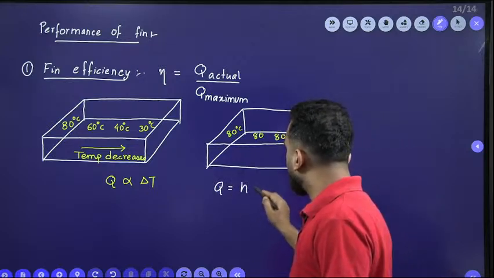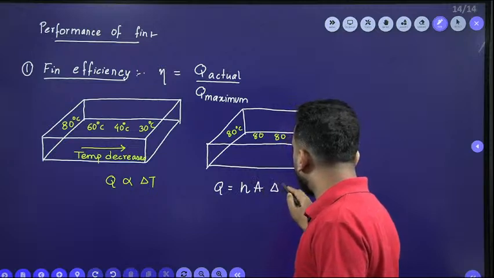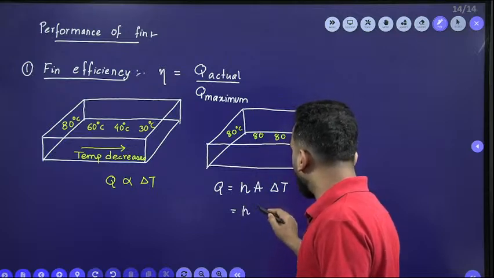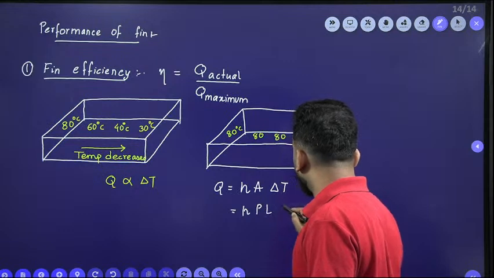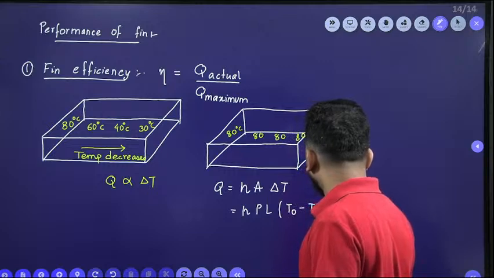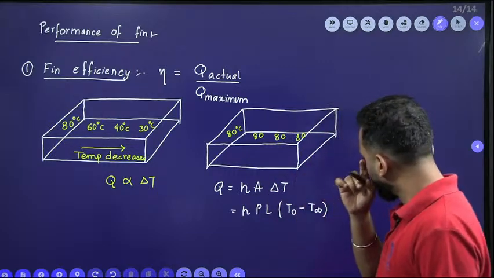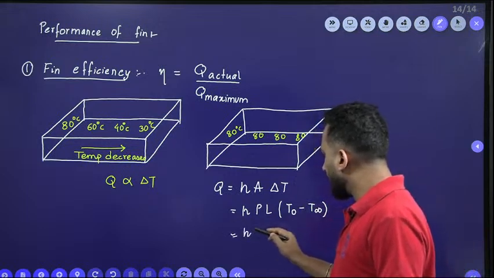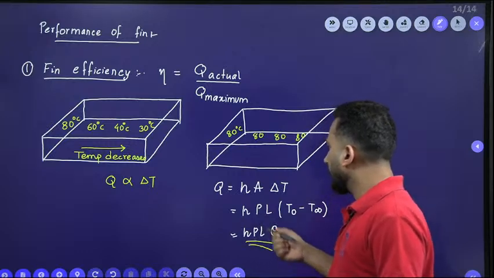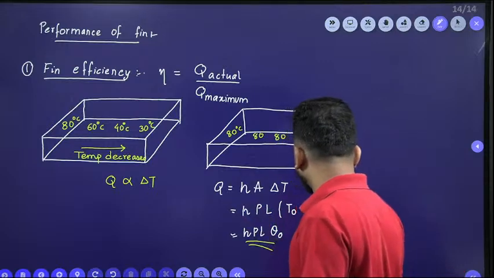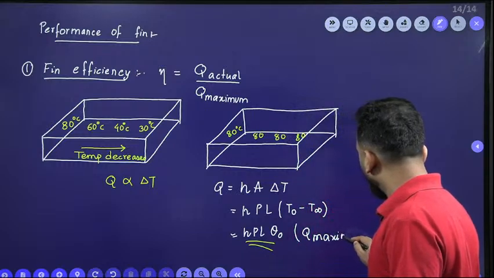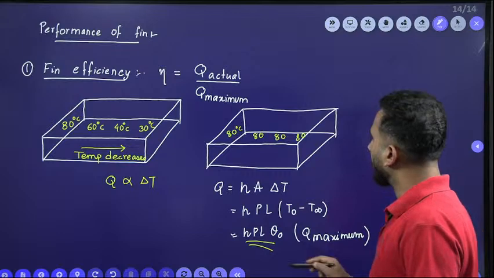Q is h A delta T. A I can write as the perimeter of the cross section into length, and into delta T. Delta T means T naught minus T infinity. Or I can write h into P L theta naught. So, this is my Q maximum.